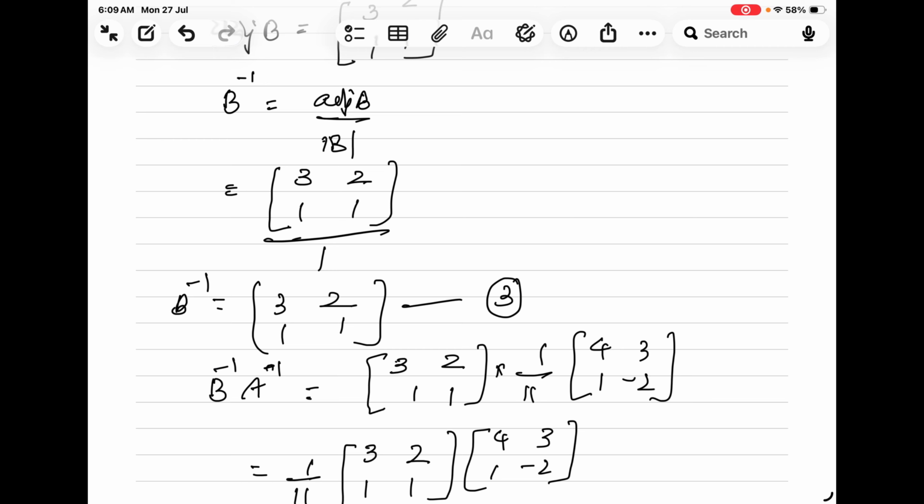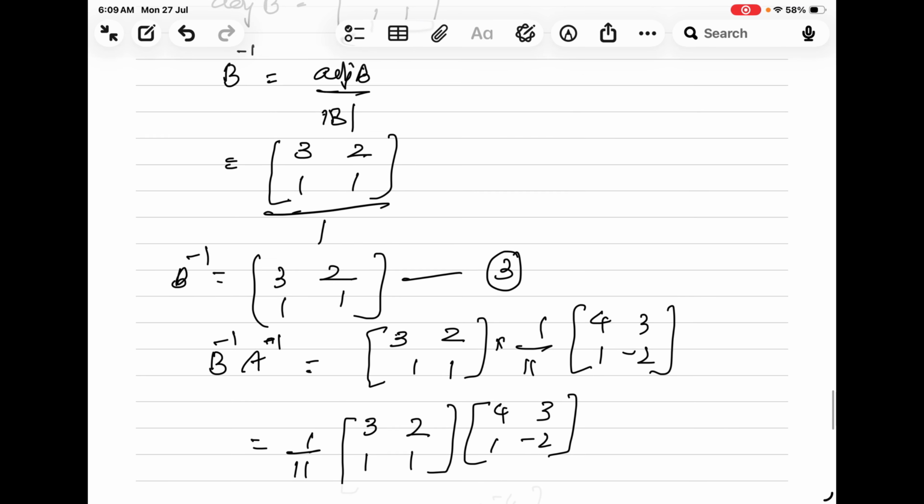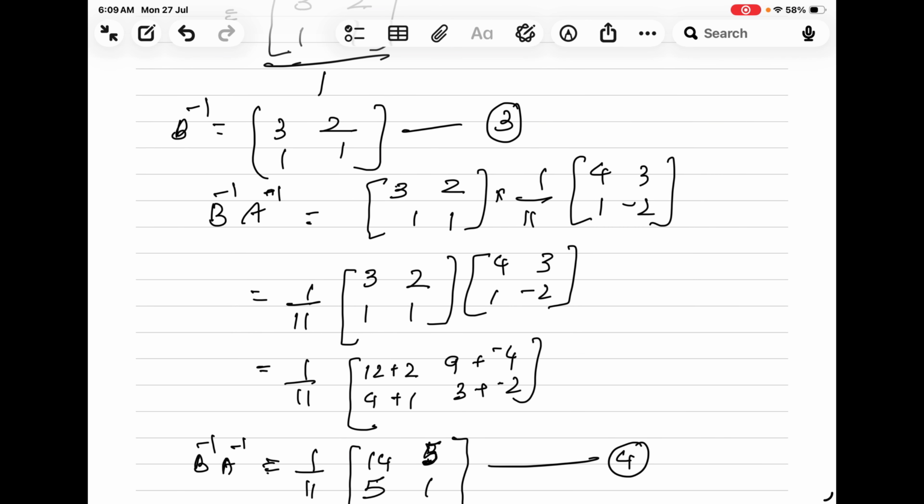Then B inverse A inverse equals matrix 3, 2, 1, 1 into 1 by 11 into 4, 3, 1, negative 2. Take 1 by 11 first. 1 by 11 into matrix 3, 2, 1, 1 into 4, 3, 1, negative 2.